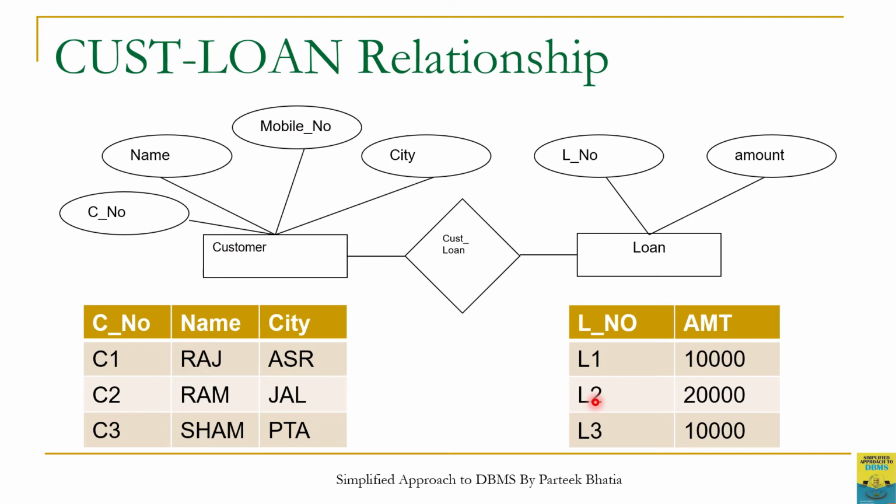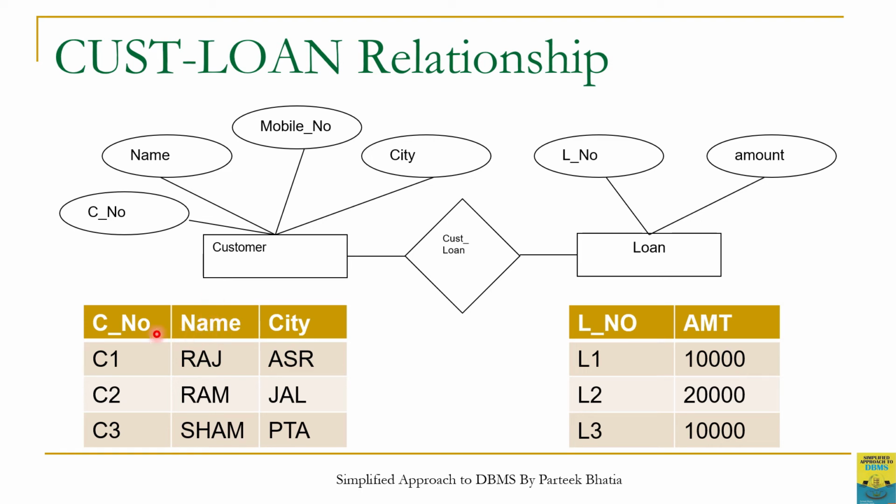To understand this concept further, let us take the example of the customer loan relationship. Here we have the customer entity set with columns C number, name, mobile number and city, and loan has loan number and amount. We have this relationship named as cust_loan. I have also created some instances of these entity sets to explain this concept further.